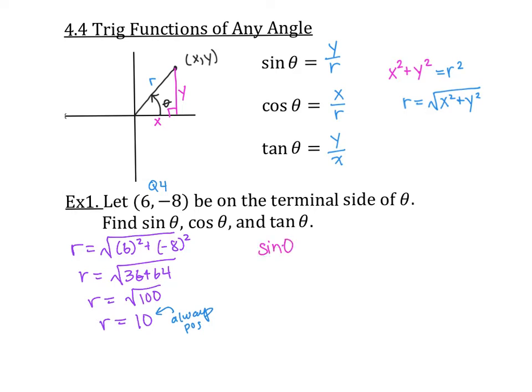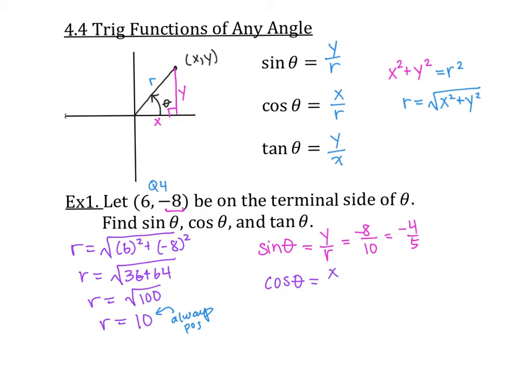So the sine of theta, according to our newfound rules, should be y over r. Our y is negative 8. For the r, I just calculated that to be 10. So if I simplify that, I get negative 4/5 for my sine value. Let's see, for cosine.